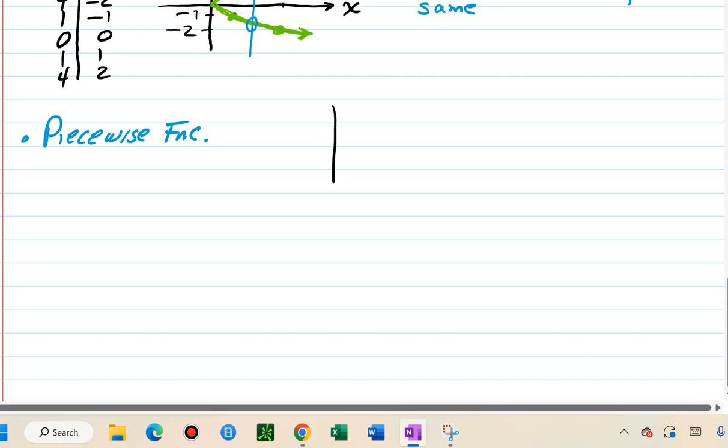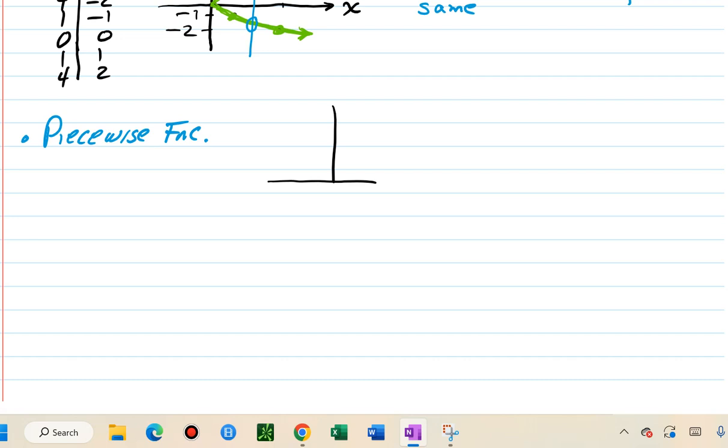I could have a piecewise function that looks like this. It could be, let's say, a line up to here, then it switches to a parabola, and then it goes to a line, and then it goes to a flat line. So that would be a piecewise function.